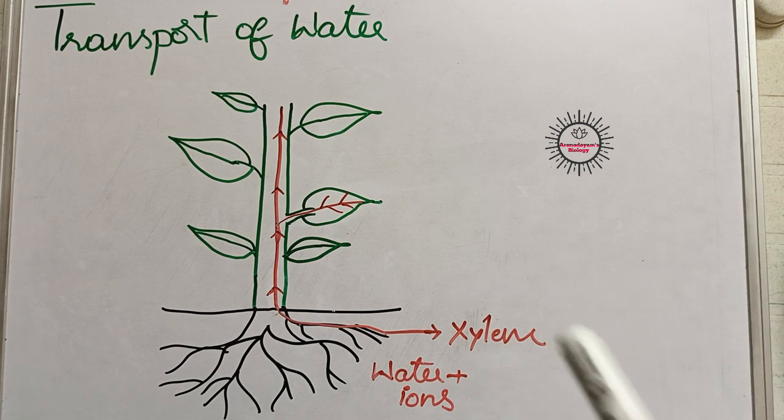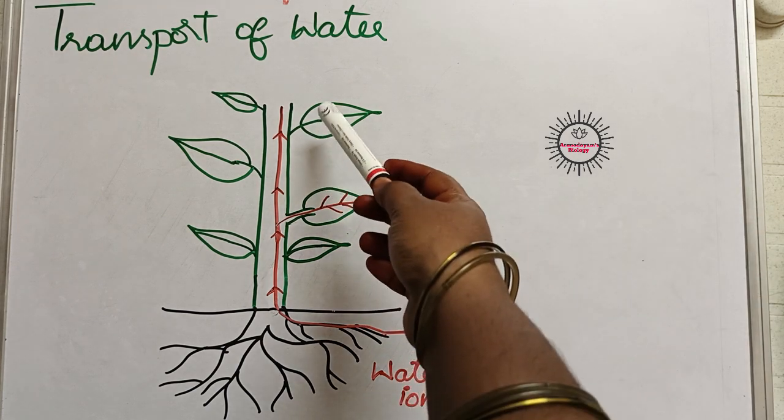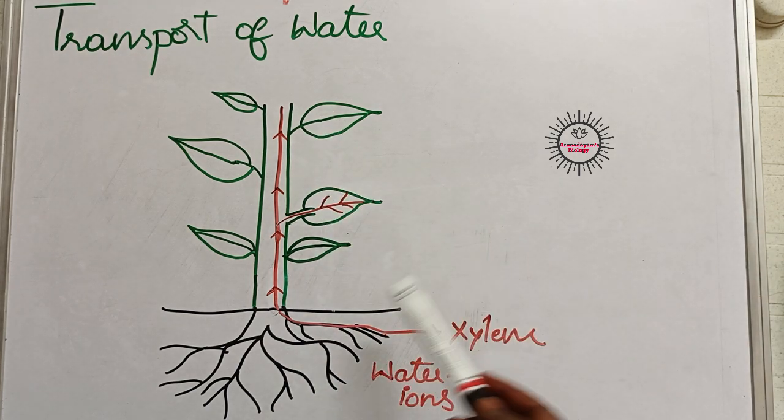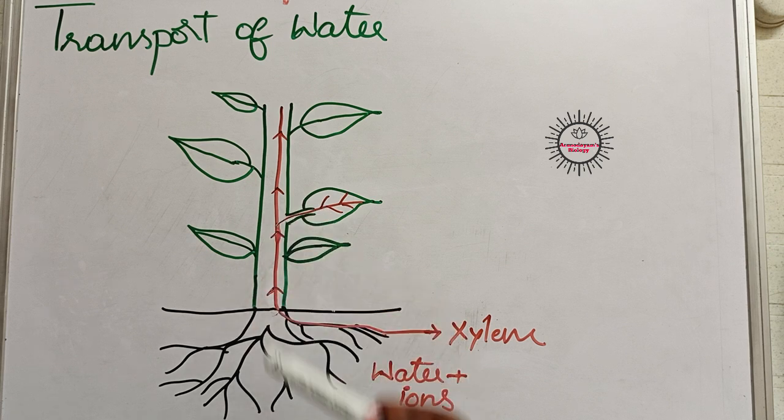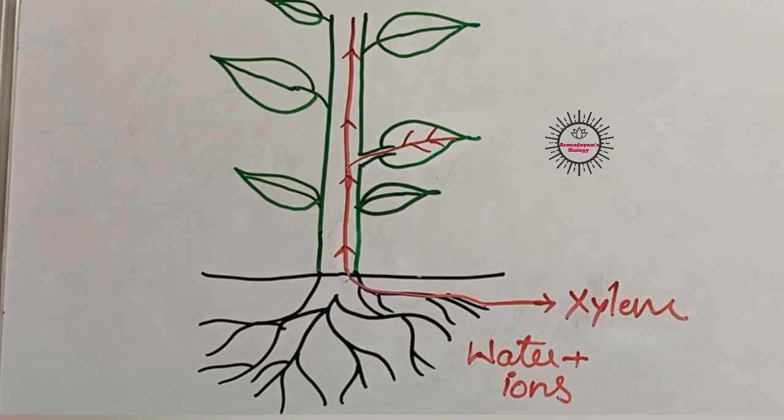Okay, actually xylem contains four types of cells. Among them, xylem vessels and xylem tracheids are present. These vessels and tracheids are present in all the parts of the plant body. They are present in roots, stem and leaves. Okay, so what happens here is the roots are in direct contact with the soil, isn't it? When we pour water to the soil, what happens?